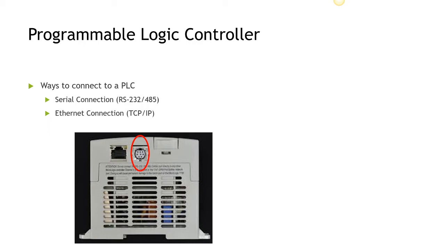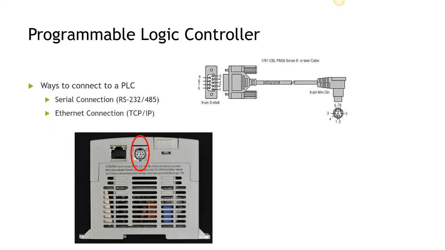And the serial in the USB moniker means serial connection. So we will have some cables that we will plug into our USB serial port and connect to this mini DIN, is what it's called, on the side of the PLC.